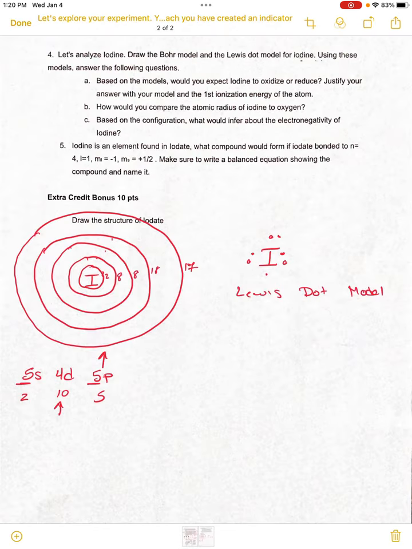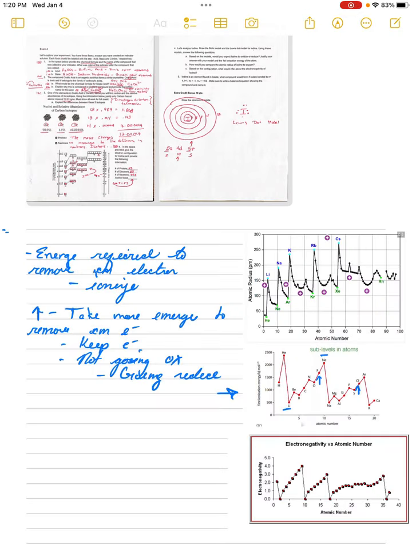This is where everybody struggled the most. How would you compare the atomic radius of iodine to oxygen? This one right here is the graph that deals with atomic radius. If we look at iodine, which may not be on here, yep, it's right here. Here's your iodine radius, and then oxygen is down here.